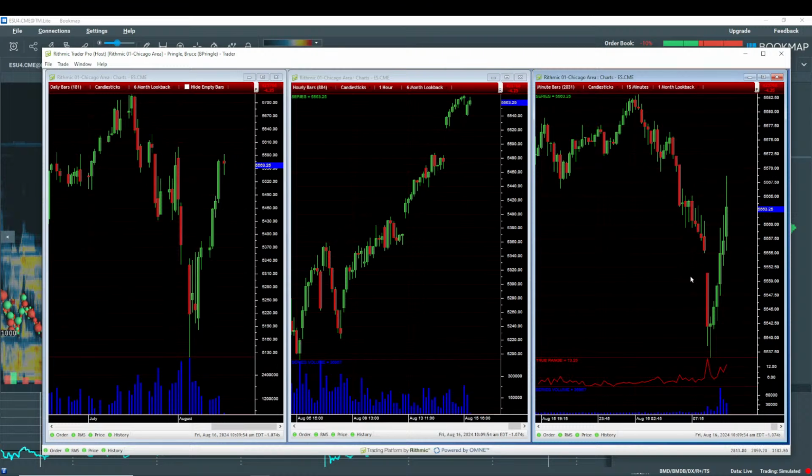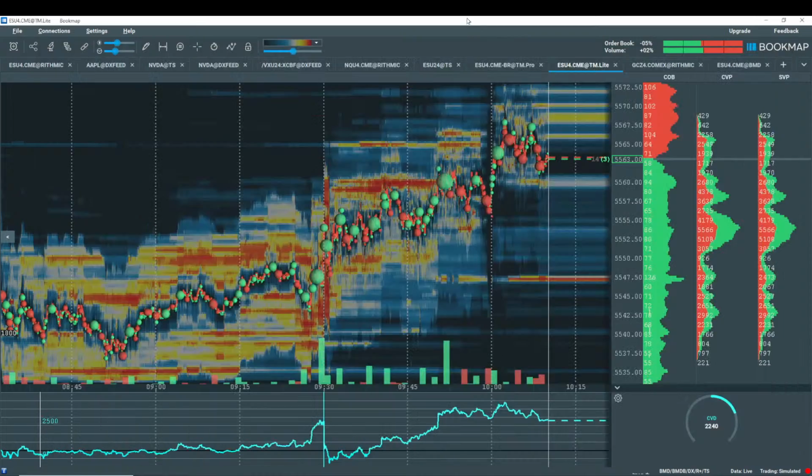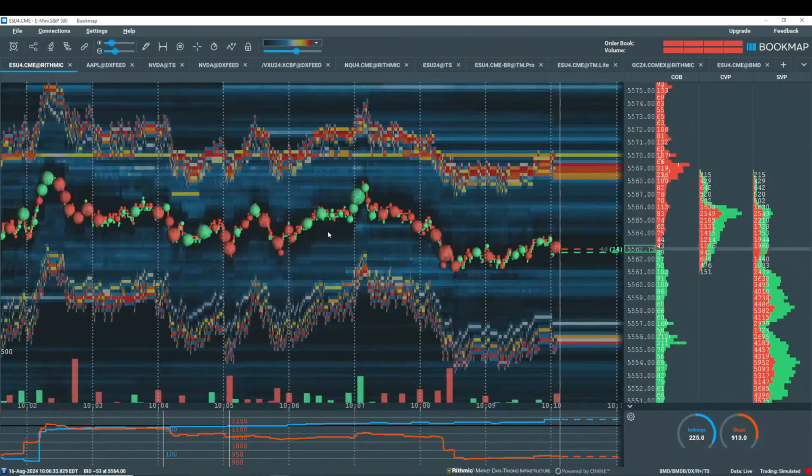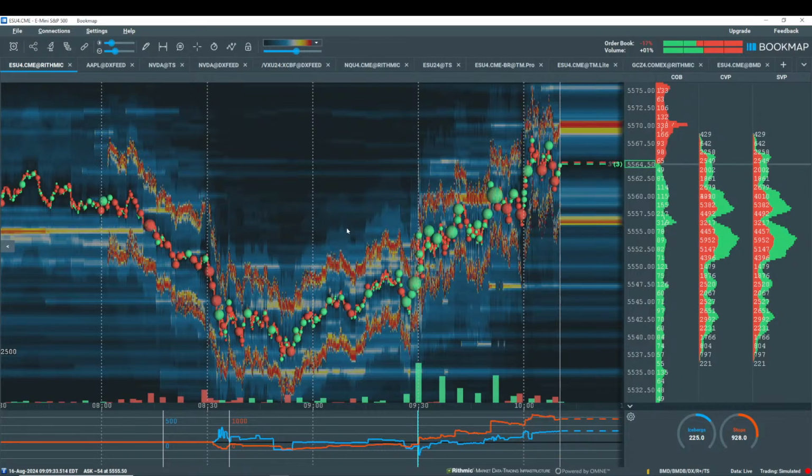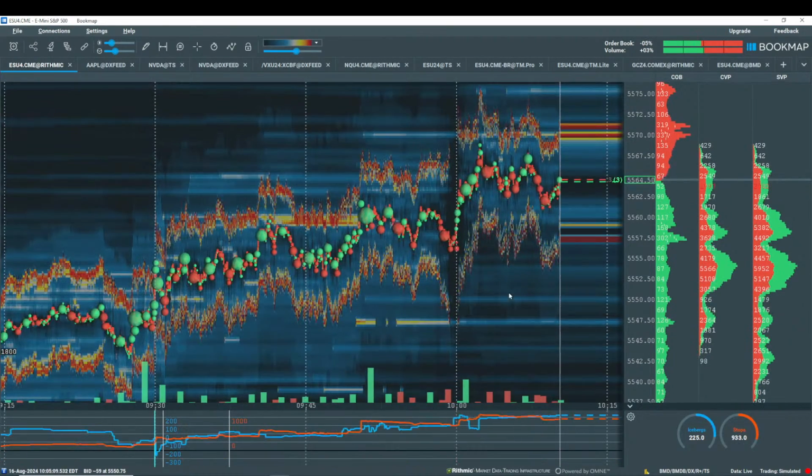Anyone that was likely looking for a gap fill and then for it to curl and reverse down here, we're probably going to see a really nice stop run up in here. Let's just go and verify that, because I'm pretty sure that's what we're going to see. Actually, not really. Interesting. I mean, we see it here, a few big stop runs.